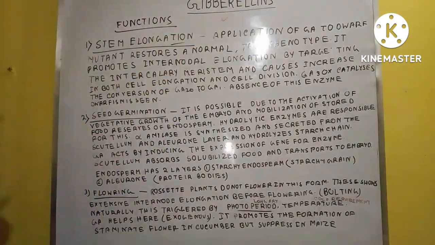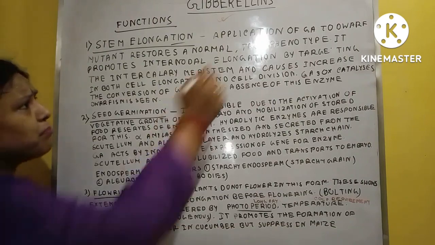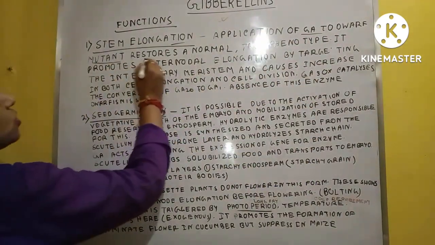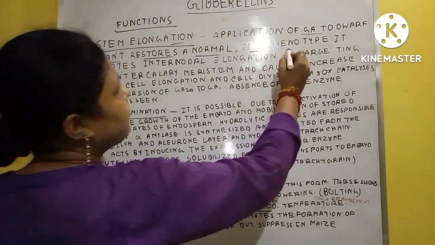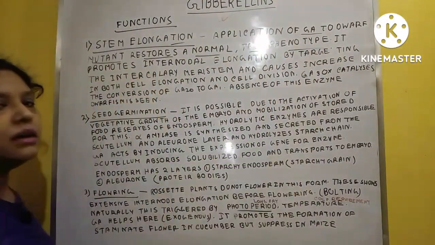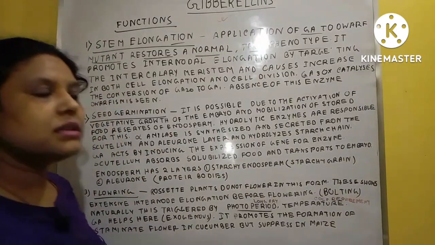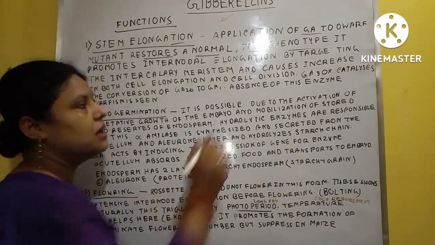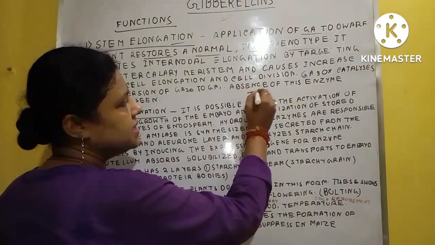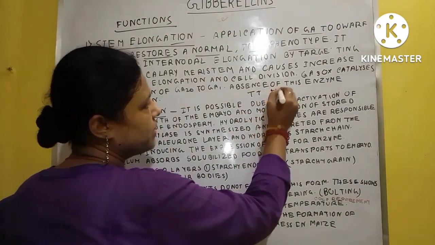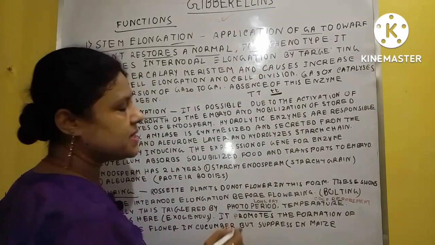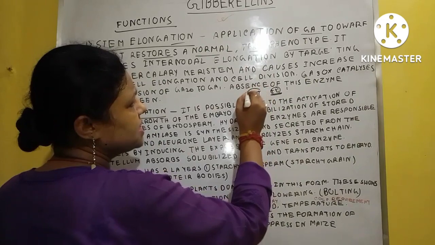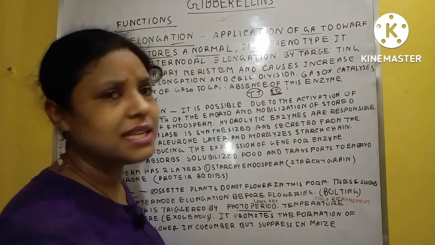In case of plants, the application of GA to the dwarf mutant restores a normal tall phenotype. You can see two types of plant: the tall one, with genotype TT, and the small one, tt. If the tt gene is present, the plant is dwarf, and if the T gene is present, the plant is taller.